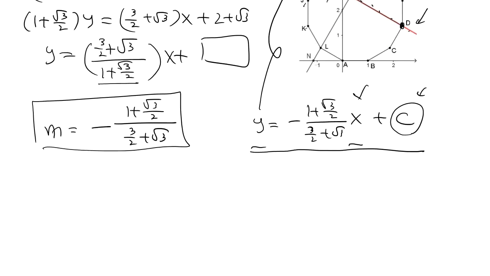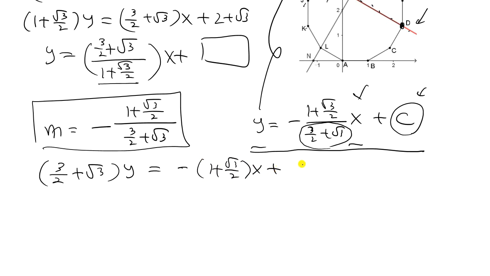So let me multiply this denominator on both sides, to show it that way. Then y equals negative 1 plus 3 over 2 x plus, of course, whatever that c is. Let's put s, because we have to multiply this on c, so all together it's going to be one number.